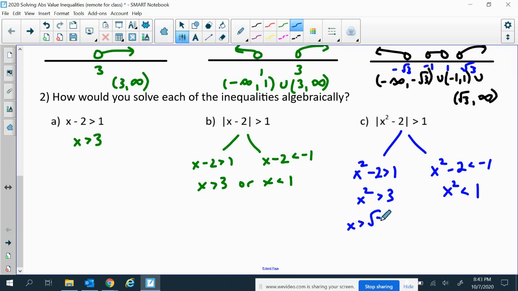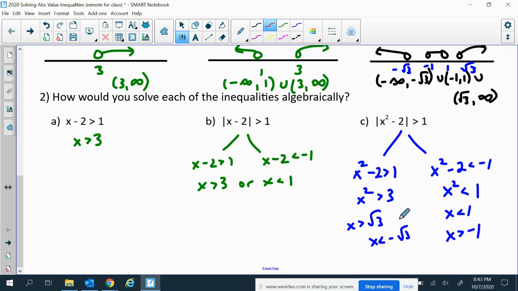When I take the square root of both sides, I get x is greater than root 3 or x is less than negative root 3. And here I get x is less than 1 and x is greater than negative 1.